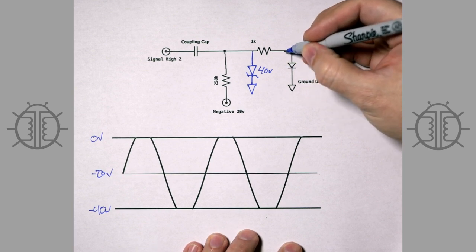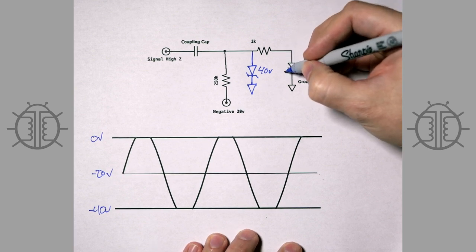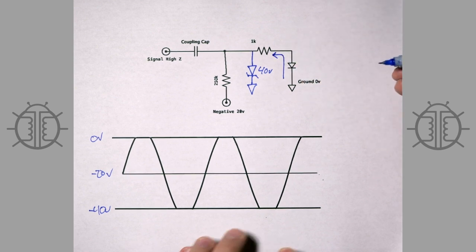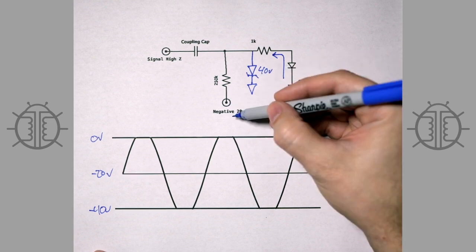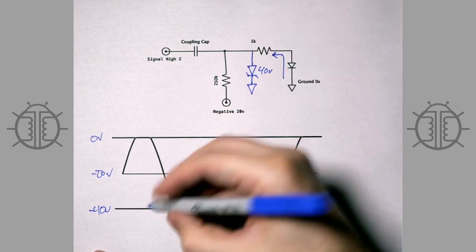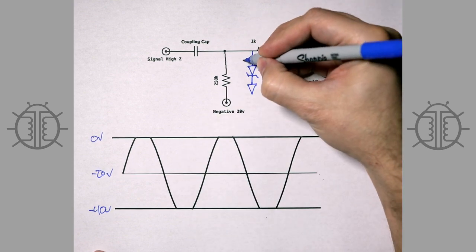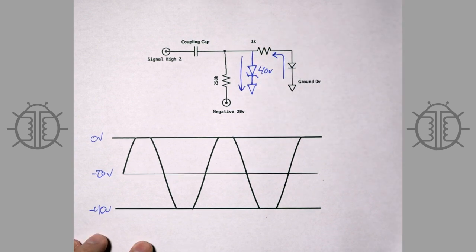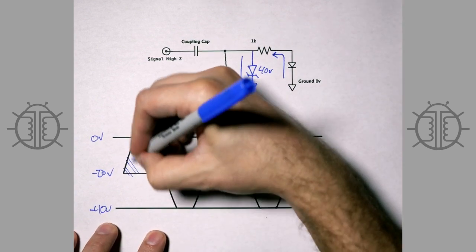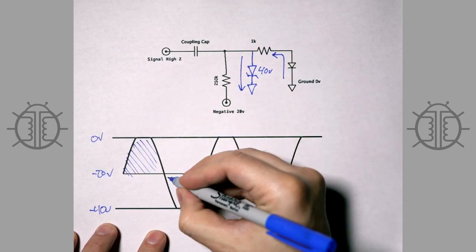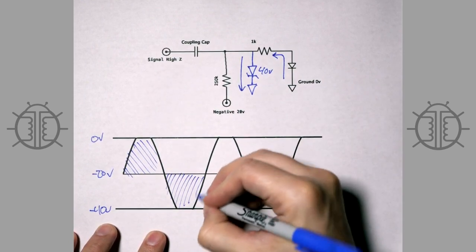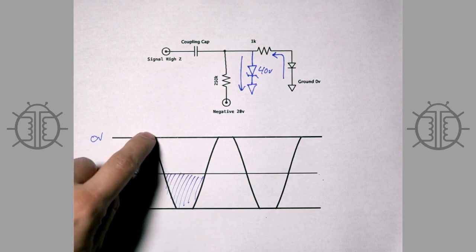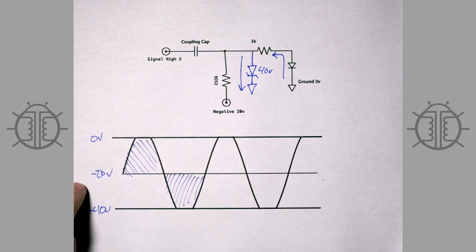When we go positive of 0, electrons come in, like that. And if we have these values correct, when we go negative, the same number of electrons go out. And so you can also see over here that the areas are now the same, and so we're not half-wave rectifying to a more negative voltage anymore.